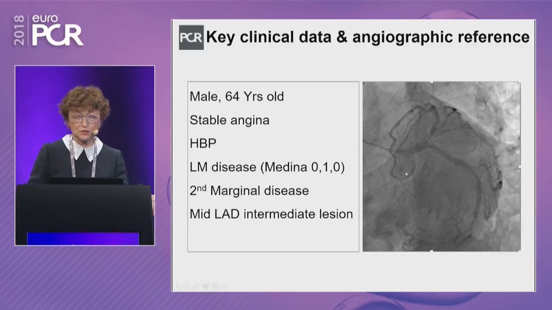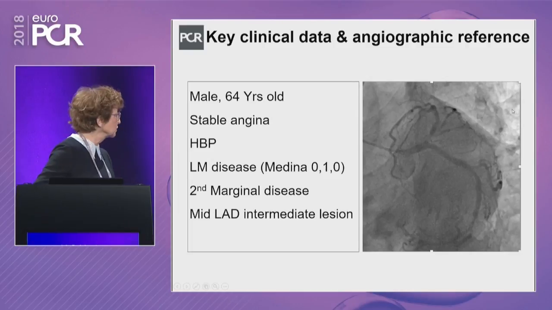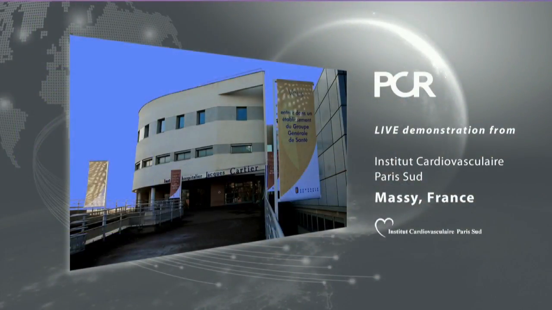So, to summarize, a male 64 years old, stable angina, left main disease, Medina 0-1-0, that you see well there, second marginal, and mid-intermediate lesion. And I think we can go now to Massy to see what they will do with that patient.